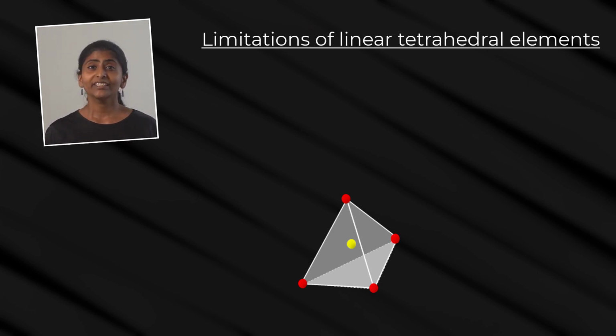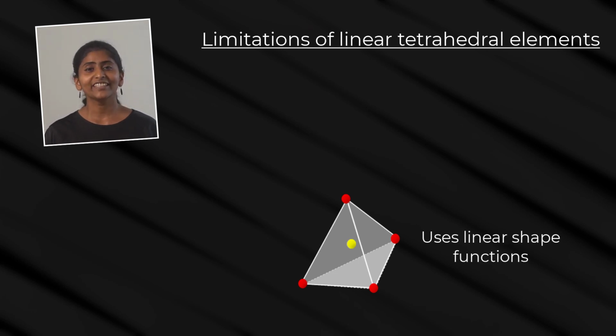A 4-noded tetrahedral element is also known as a lower order or linear tetrahedral element, since the shape function is a linear polynomial. It's worth taking a moment here to explain that we use the term linear in different situations in finite element analyses.